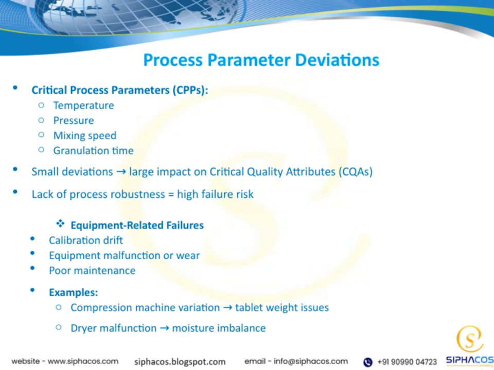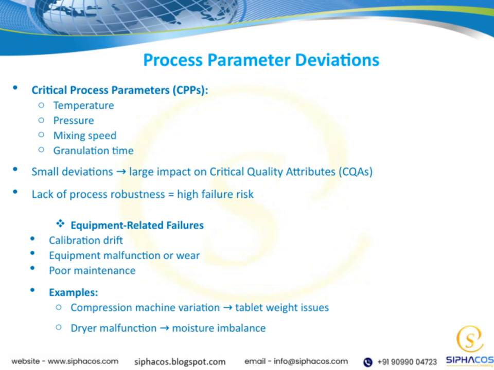In addition to equipment issues, process parameter deviations are another critical factor. These are the settings we control during manufacturing, like temperature, pressure, mixing speed, and granulation time. Even small deviations in these parameters can have a disproportionately large impact on the critical quality attributes, or CQAs, of our product.